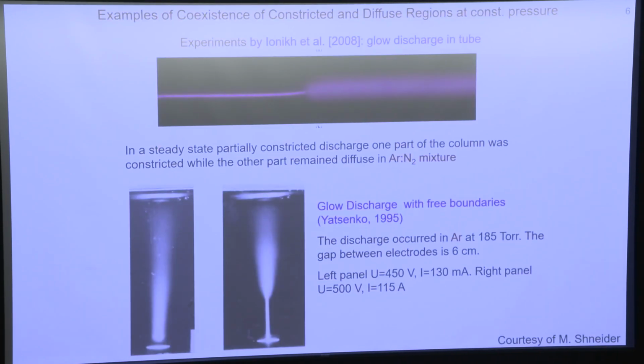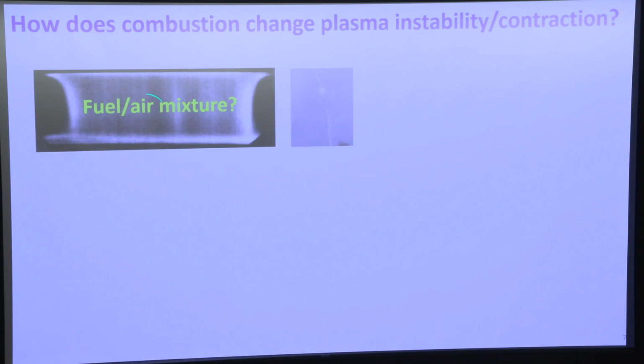This thermal instability was studied a lot in argon and nitrogen, and no one really wanted to look at instability when you have hydrocarbons. So what if you have hydrocarbons?